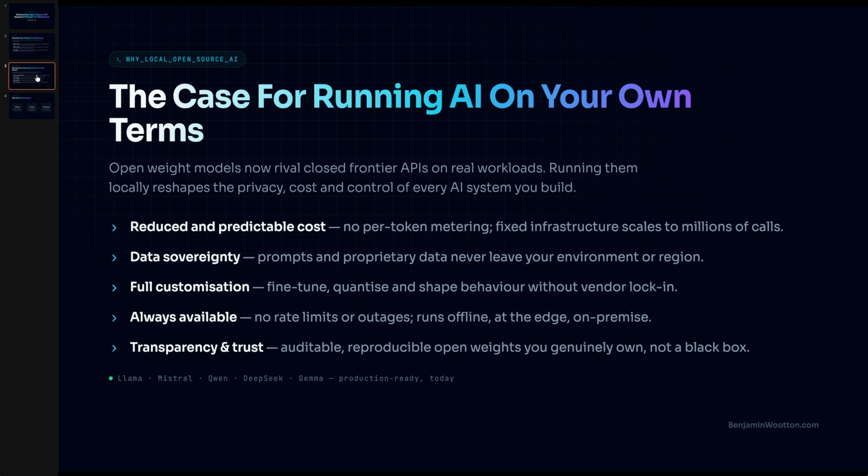And finally, it's about transparency and trust. What we want is more visibility of what's going on in the model, what weights have gone into it, how it has been trained, and we can't necessarily do that with a black box model provided as a service.